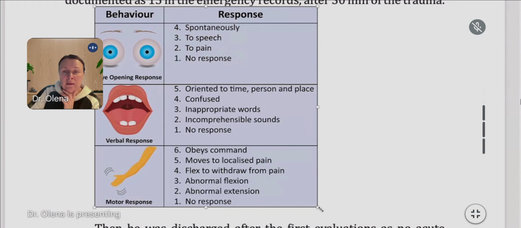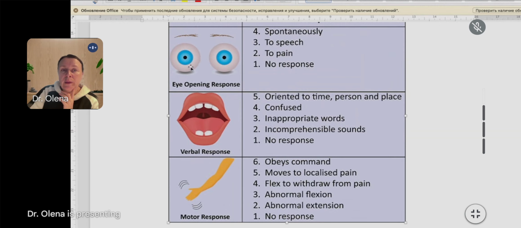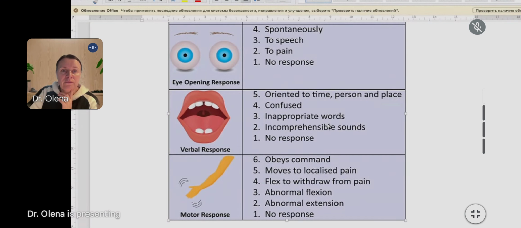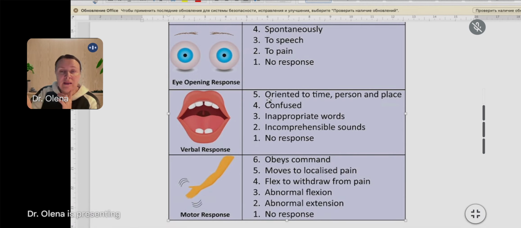I make it bigger. So we assess three components. Eye-opening response, and for each response we give some points: no response, response to pain, to speech, and spontaneous. Verbal response: no response means minimal points, and maximal points is when the patient is oriented to time, personal details, place, and surroundings.